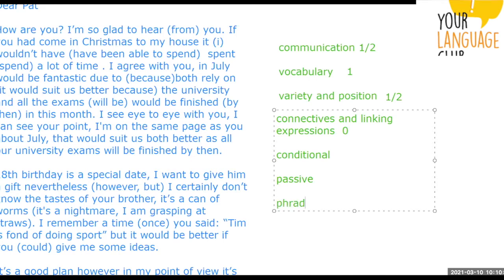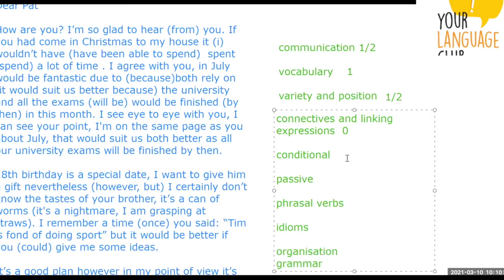Okay. What about the next ones, guys? Conditionals. Did she use them? And did she use them correctly? She used them, yeah. Not incorrectly. That's out of 1, so you only have to get 1 right for that one. And then passive, did she use passive?